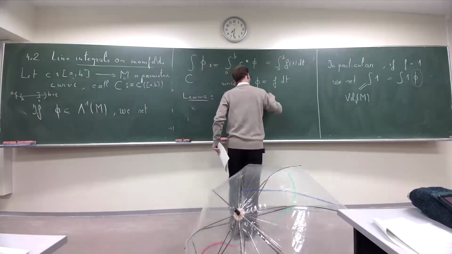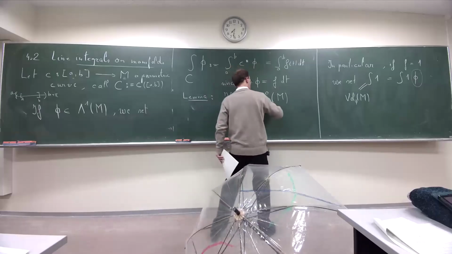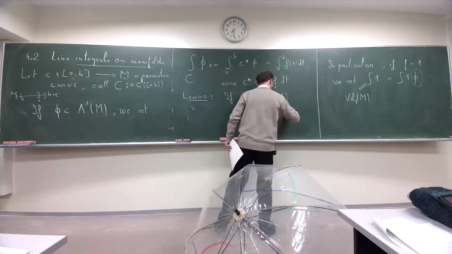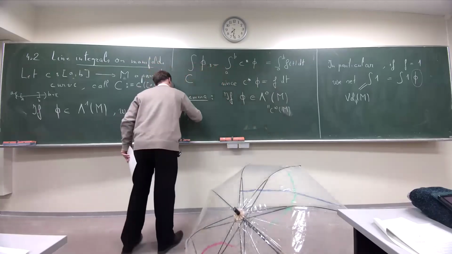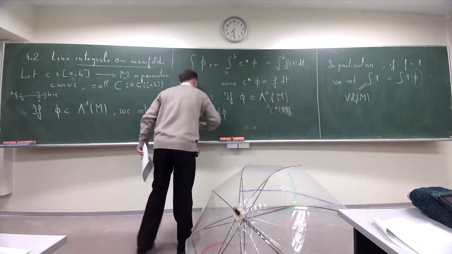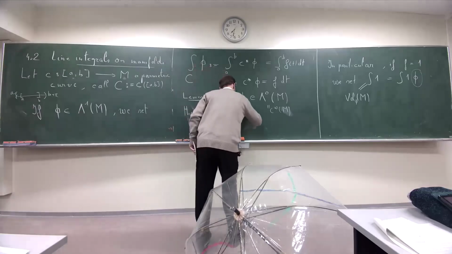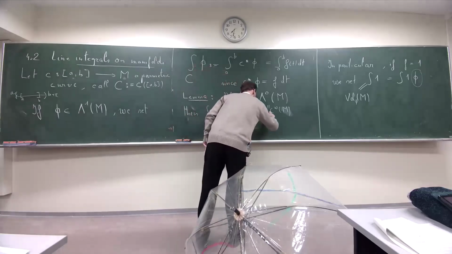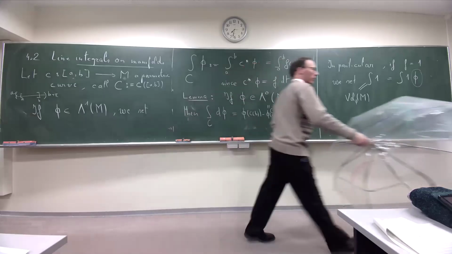If phi is now of degree 0, and remember degree 0 means just an infinitely differentiable function with values in R, on the manifold, then the integral of d phi on C, the exterior derivative of something of degree 0 is of degree 1, so it's well defined, is equal to phi at C of B minus phi at C of A, something which should be familiar to some of you.